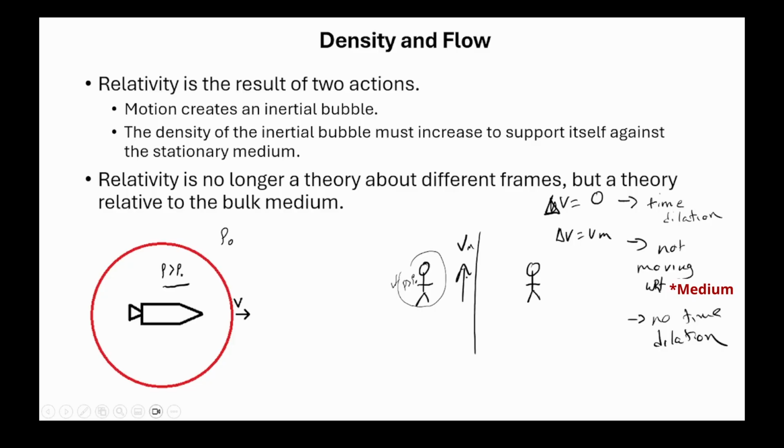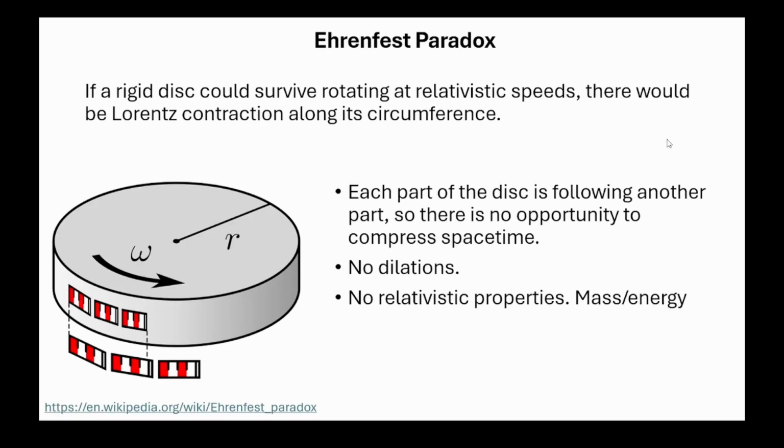And this is important when we're going to be looking at galaxies later, but let's look at the next example. So there is the Ehrenfest paradox, where they were saying that if there's a rigid disk that could survive the relativistic speeds without shredding or disintegrating, there would be a Lorentz contraction along its circumference.